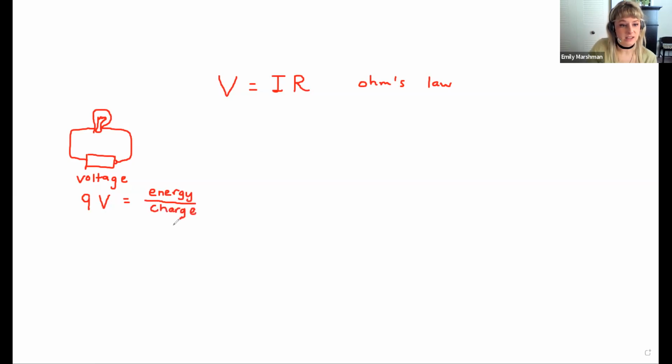It's kind of like another way to say, I'm adding potential energy to this system, electric potential. It's electric potential energy that the battery adds. So if it's a 9-volt battery, what that means is that it's providing 9 joules of energy for every amount of charge that passes through that battery, 1 coulomb. Remember, charge has units of coulombs.